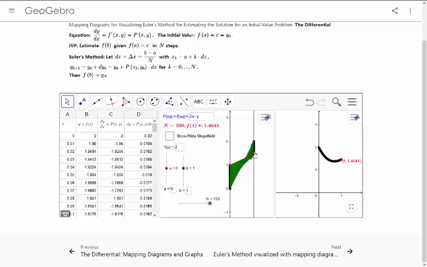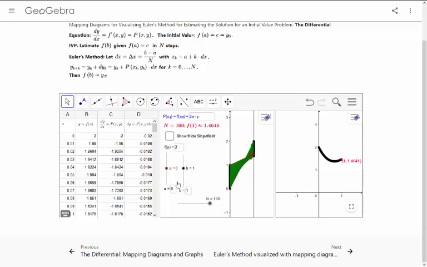And you see that the mapping diagram now is pretty well complete with arrows so that you can see no gaps in the arrows. And on the Cartesian graph, we see a curve visualized by 100 points, which is so dense that we cannot discern the line segments between the points in this scale.